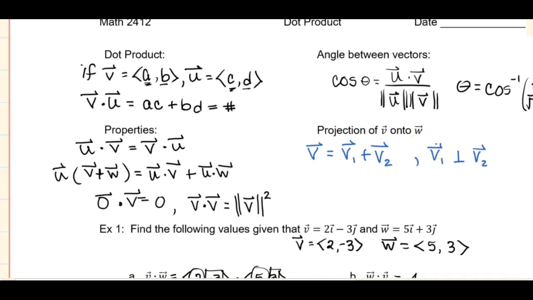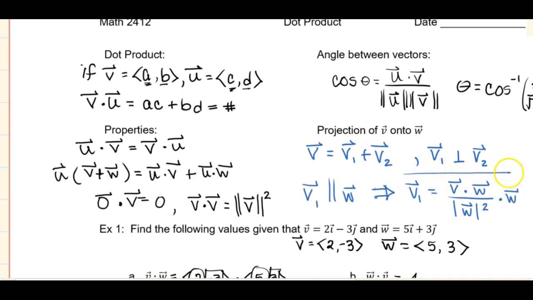But more importantly, we're going to find that V1 is going to be parallel to vector W. So we can find V1 by getting the dot product of V dot W, dividing by the magnitude of W squared, and then giving it the direction of W. So this is our formula that we're going to use.